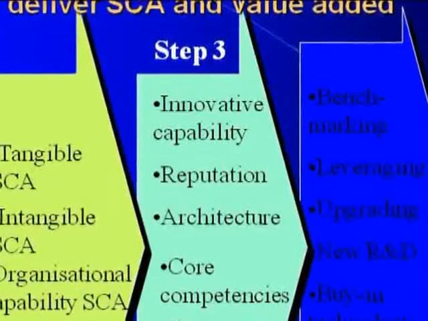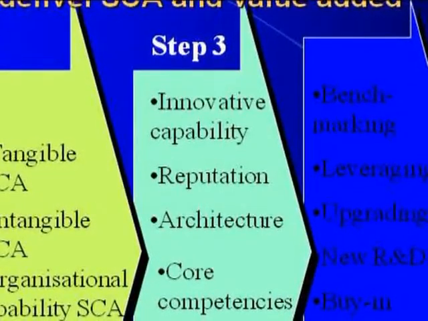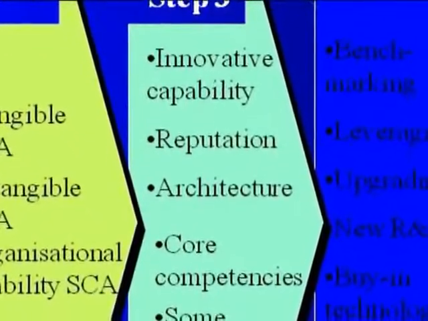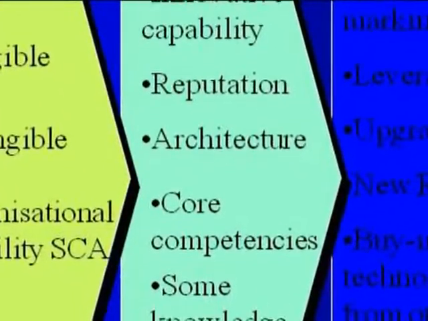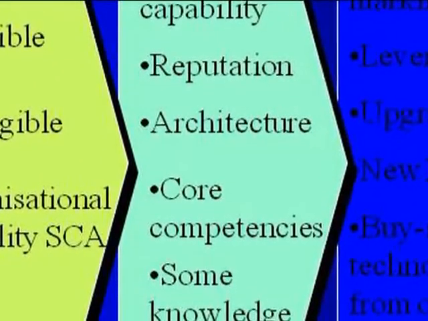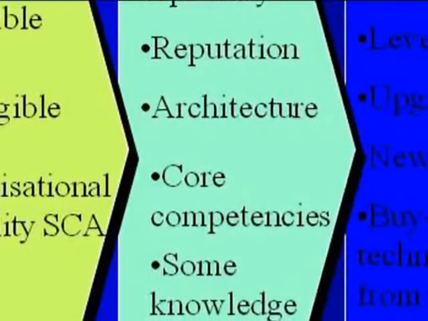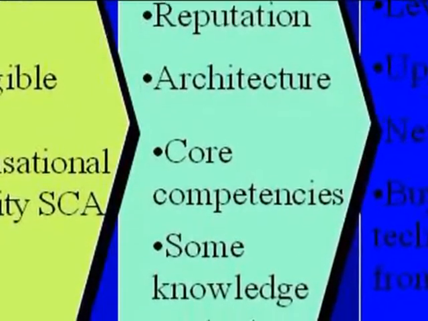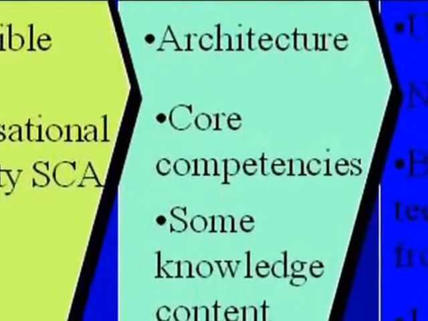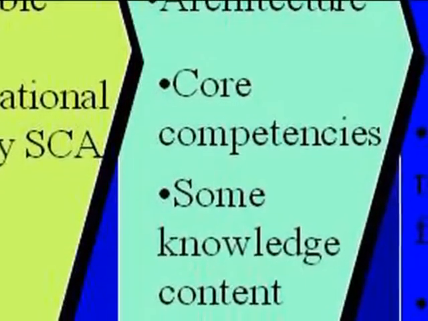And number 3, innovative capability. And separately, core competencies from Professors Hamel and Prahalad. Another final approach that is gaining ground is the special knowledge of the organisation, which may be crucial to competitive advantage. And this is explored in Chapter 7.